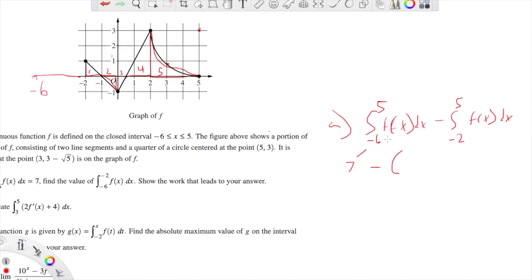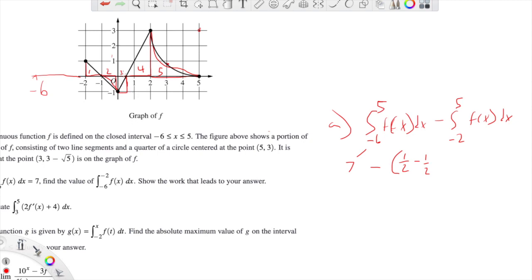So piece number 1 is just going to be base times height, 1 times 1 over 2, so half. And then piece number 2 is also going to be a half, so it's going to be minus. Piece number 3 is going to be a quarter, and you can see that drawing the triangle again would give us half the square, so it's a quarter of the square, so that's 1/4.